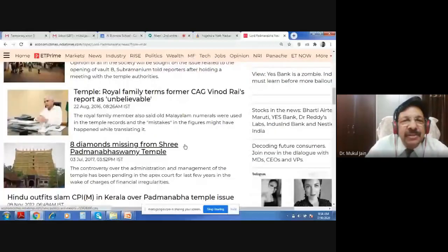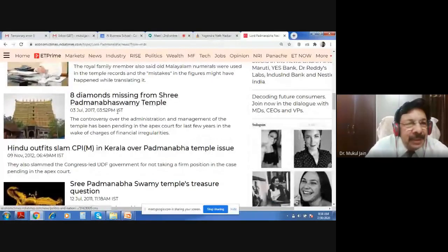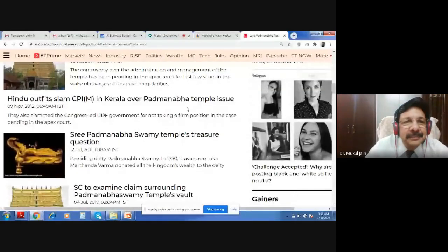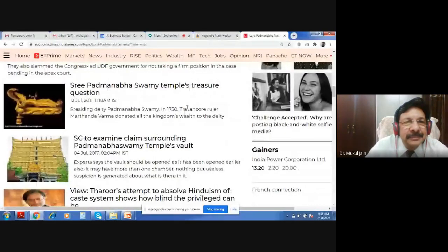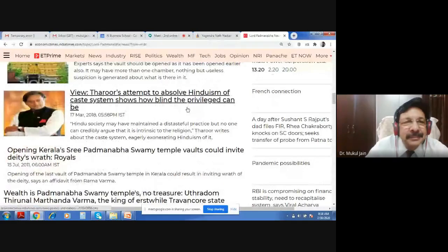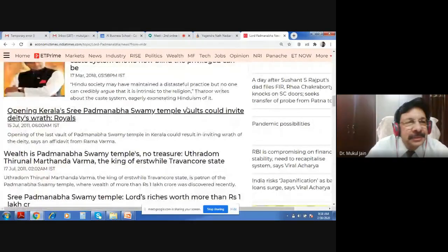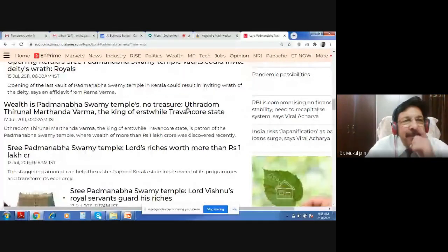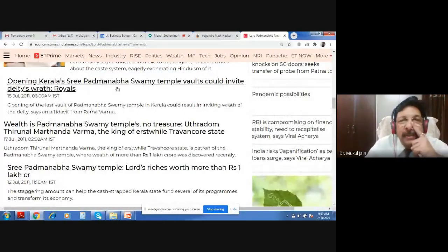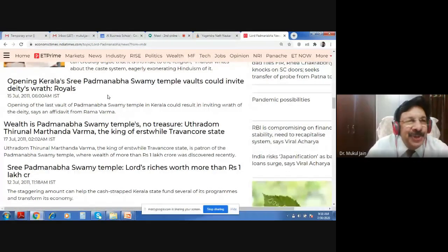8 diamonds missing from Shri Padmanabha Swamy temple. रॉयल फैमिली ने कहा है अगर आप उनकी पद्मनाभ स्वामी टेंपल की तिजोरियां खोलोगे तो उसमें डेटी स्क्रैच, उनका पाप चढ़ेगा आपको भगवान का.